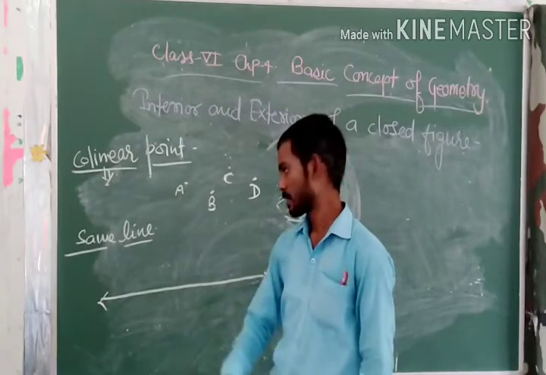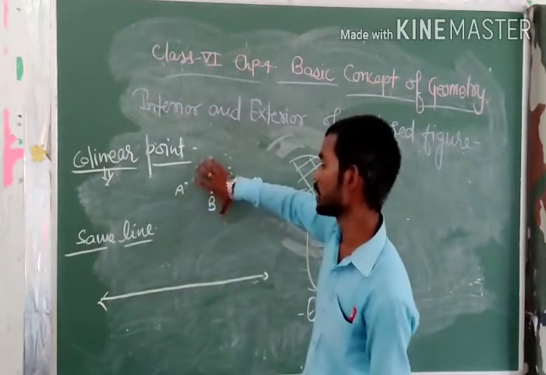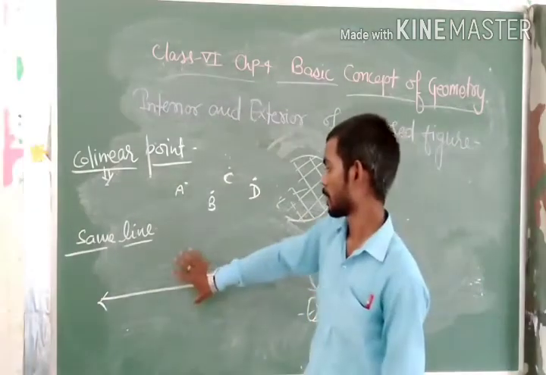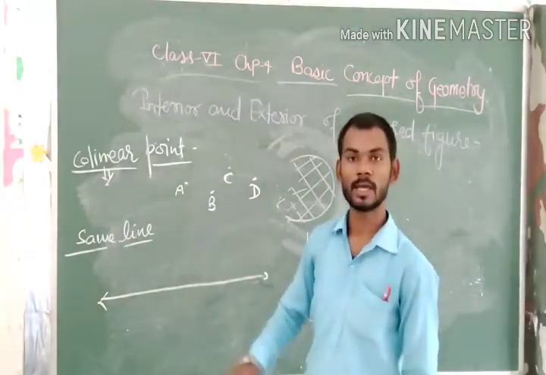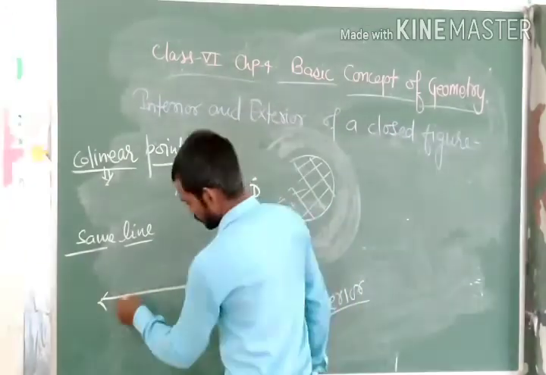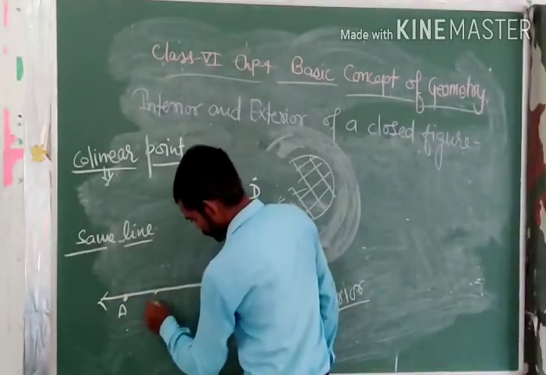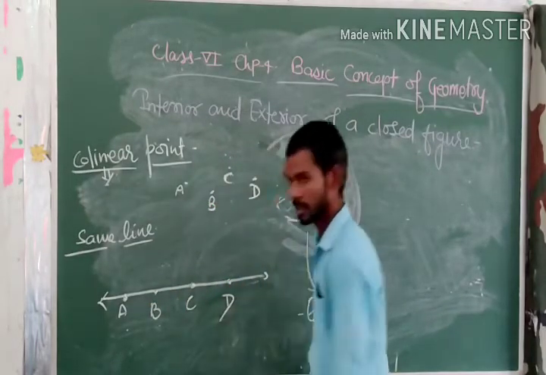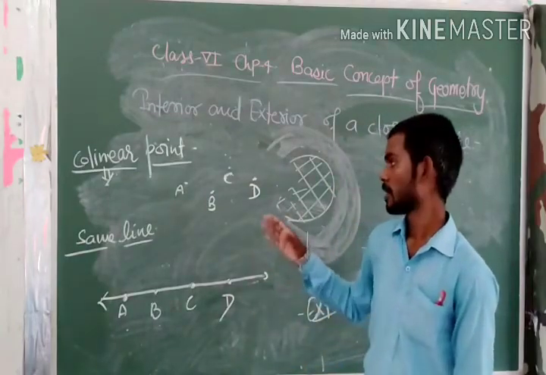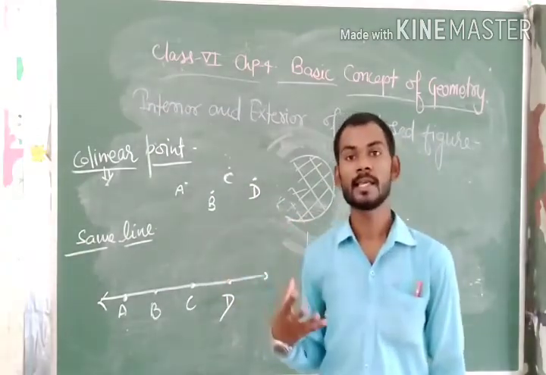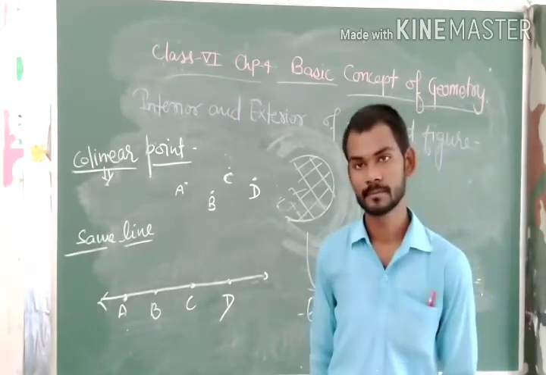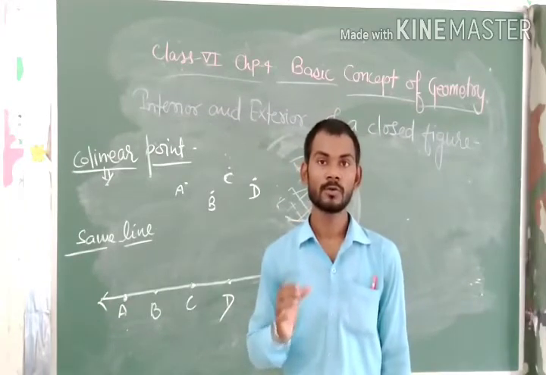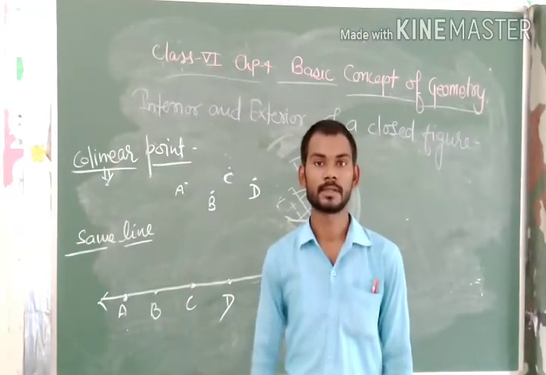And if these four points, A, B, C and D, lie on the same line, then we say that these are collinear points.